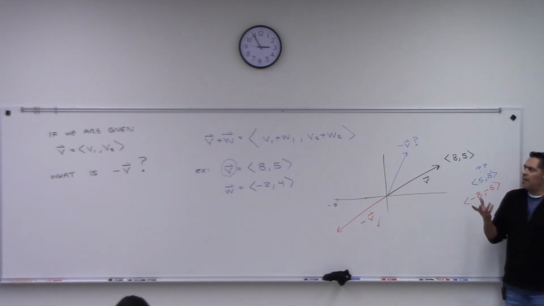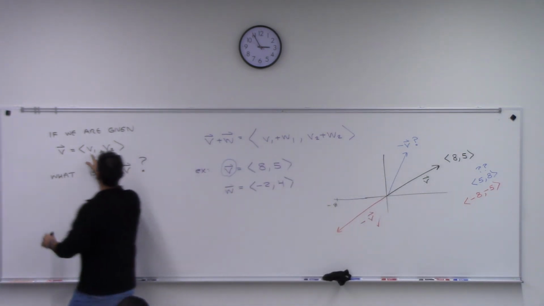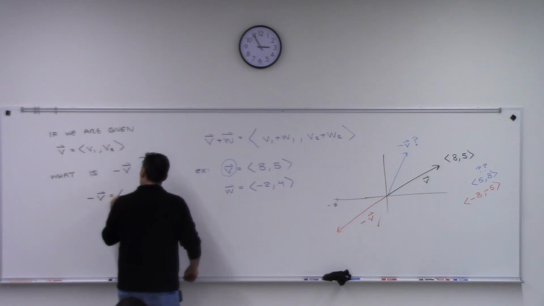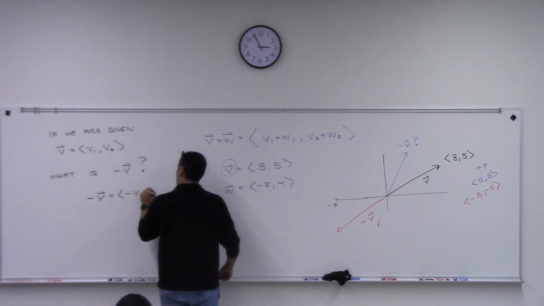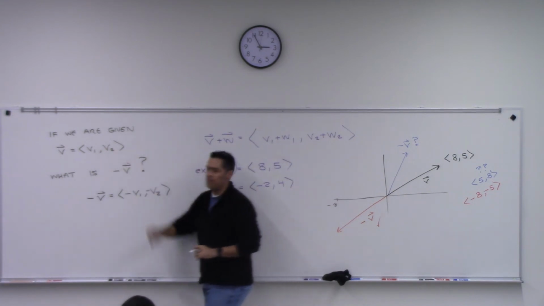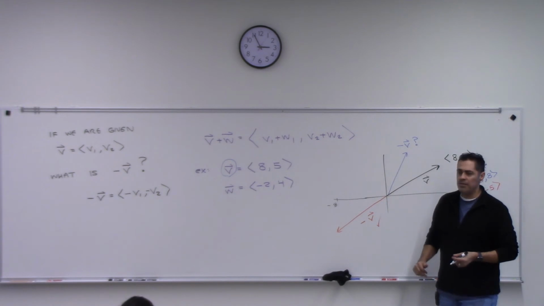So how would we say that? What is negative v? If this is v, the negative v would be negative v1 comma negative v2, right? You're just changing the signs of each of those components. That's what it is algebraically. You just switch the signs.